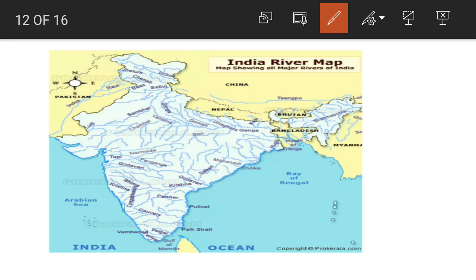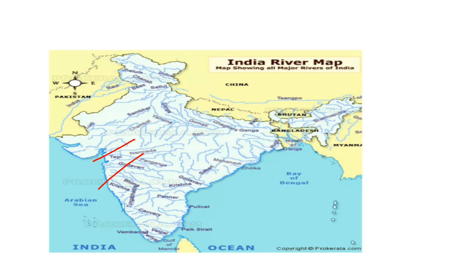Ganga flows from the northern mountains, and Yamuna. These are the two rivers which flow through the northern mountains and into the northern plains and flow to the Bay of Bengal. In this map it is given here. You can find out the two rivers which flow from the northern mountains.